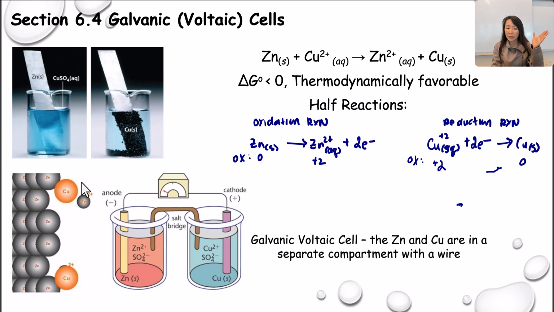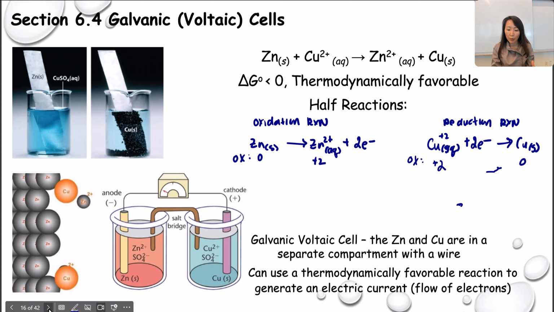But if you were to take the zinc on one side and copper on the other side, with zinc sulfate solution on one side and copper sulfate solution on the other side, and connect them through a wire and what's also called a salt bridge, we'll talk about all the details in a moment. This entirety is called the voltaic cell.